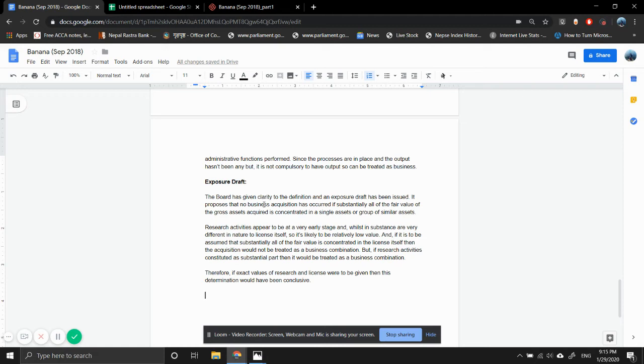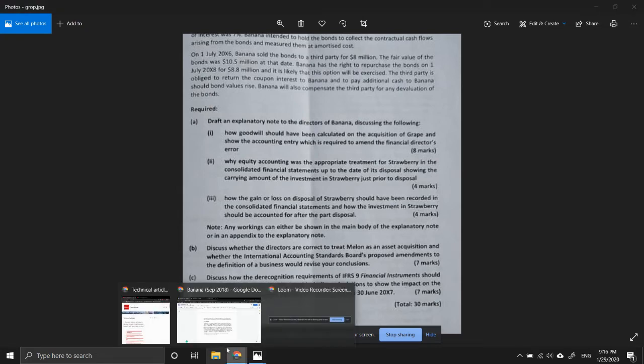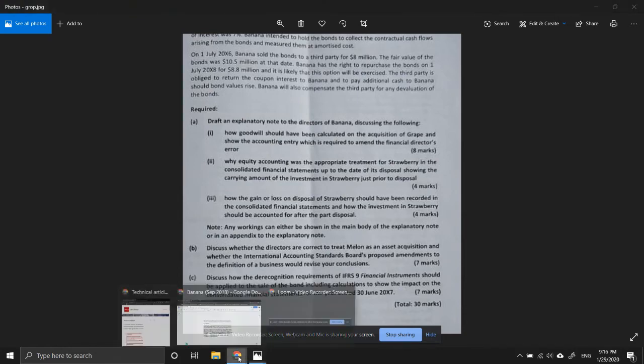And then after that, let's look at the next question. Did we finish everything? So propose amendments, everything. Okay, that's done. So part C: derecognition requirements of IFRS 9 should be applied to the sale of the bond, including calculations to show the impact on the consolidated financial statements for the year ended 30th June 2007. 7 marks. So derecognition requirements of IFRS 9.